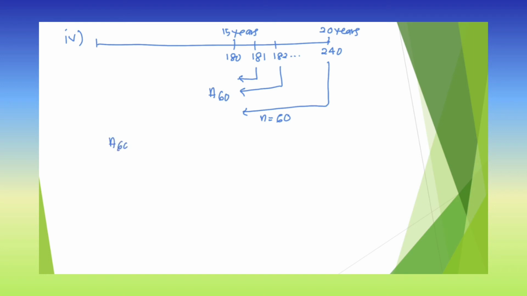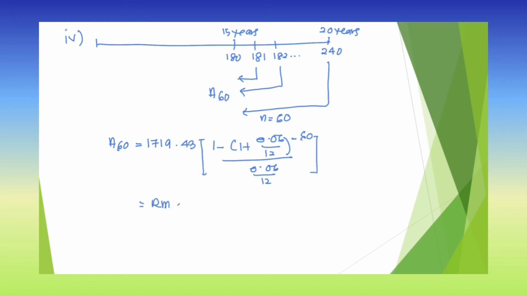A 60 is given by R, 1719.43 times 1 minus (1 plus I, 0.06 over 12) to the power of negative 60, over 0.06 over 12. So the answer will be RM 88,938.48.